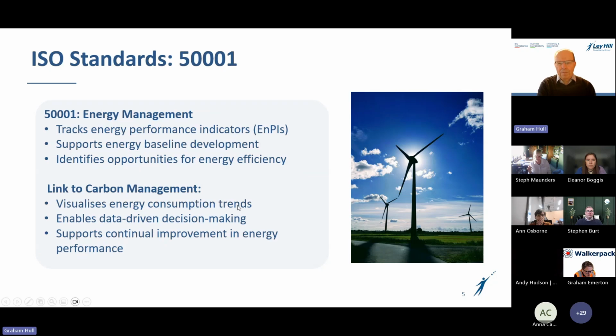Some of you may already have 50001, the energy management standard. In some ways, it does very similar things. All of these standards are structured in the same way as a management system. So they basically enable you to apply one or more of them in an integrated system if you want to.